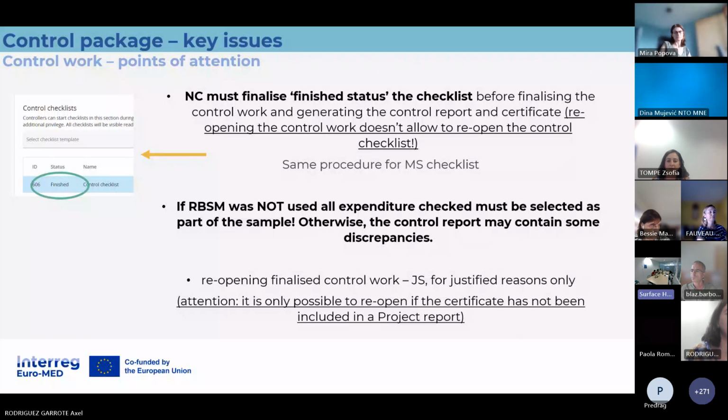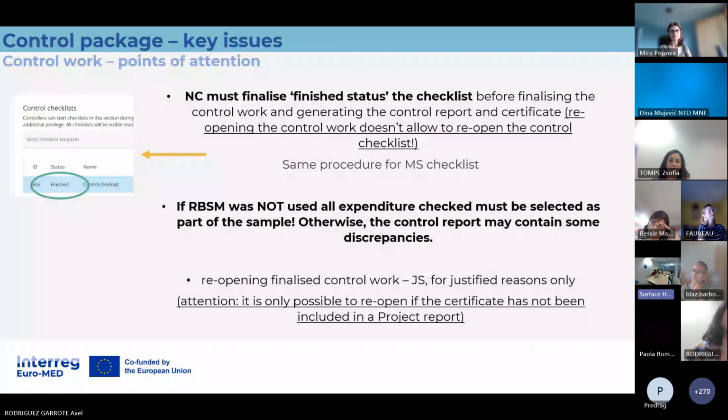So we aim to ease the verification with this session also, so you can pay attention to this point. This is more for the controllers, but for your information also, in case there was a risk-based sampling methodology used by the controller, it's happening in some countries in the program area.